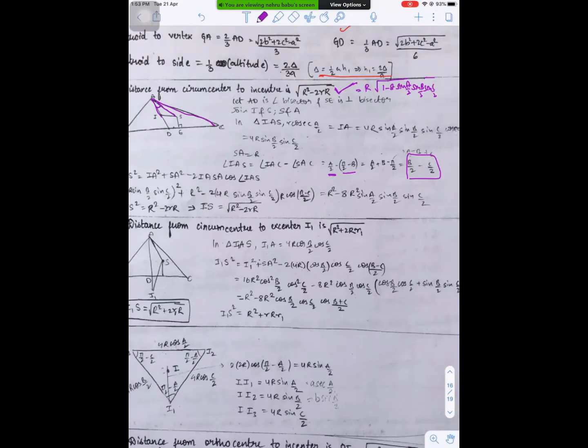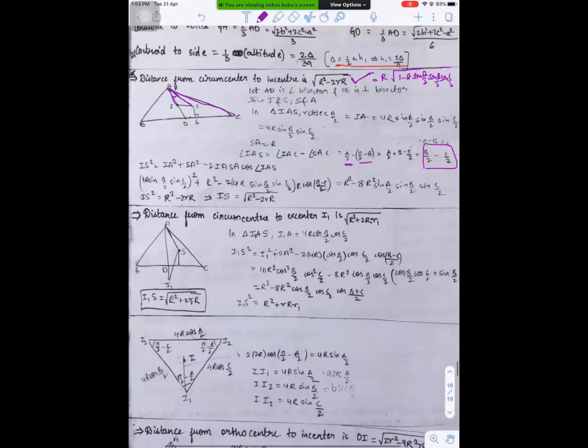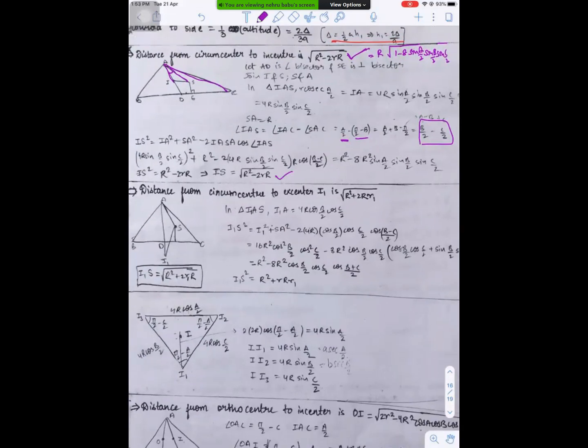If B is bigger than C, you get a diagram like this. If C is bigger than B, the SA line lies on the left side of the IA line. That is the only difference, the rest is the same. So if you use the cos rule, you will get the formula R square minus 2Rr.